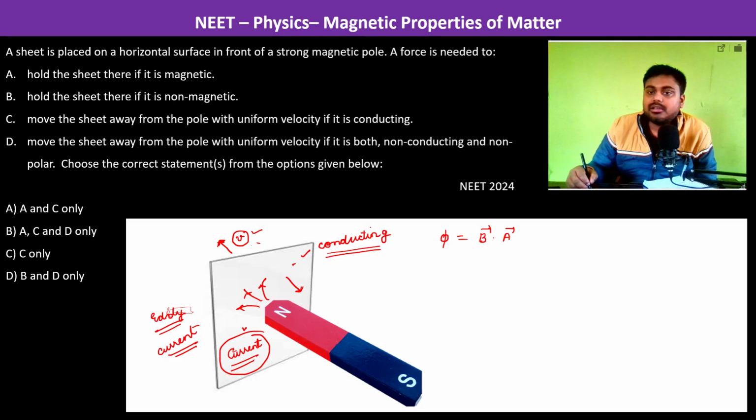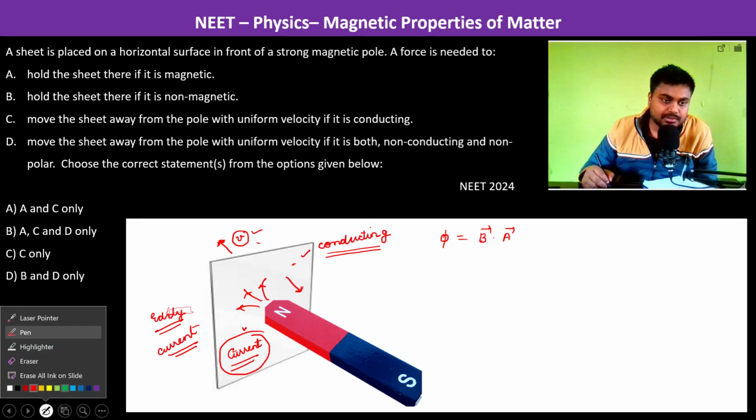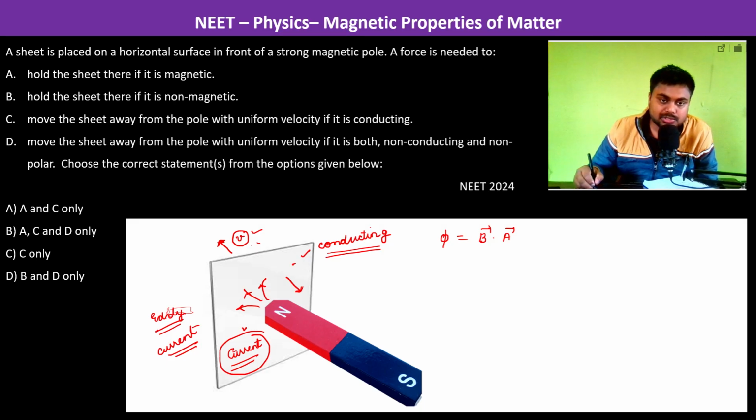So therefore the eddy current will be produced in such a way that this conducting sheet gets attracted towards the magnet. So the current will be produced in which direction? How? So the current will be produced like this. Okay, and this will be the direction of the eddy current produced.